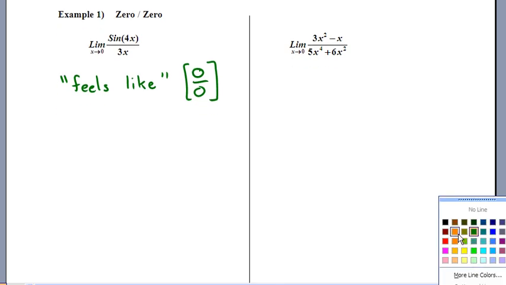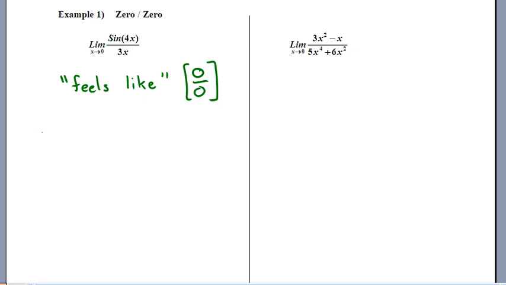Now, on the AP exam, they're very clear about this. There's something that you have to write down if you're going to do this. So I'm going to leave a little note here. You must absolutely state this. You have to say, I have looked at those limits of the top and the bottom, and I've noticed that they both go to 0. So we're trying to do a general limit on the whole fraction, but you have to say, here's what I'm noticing.